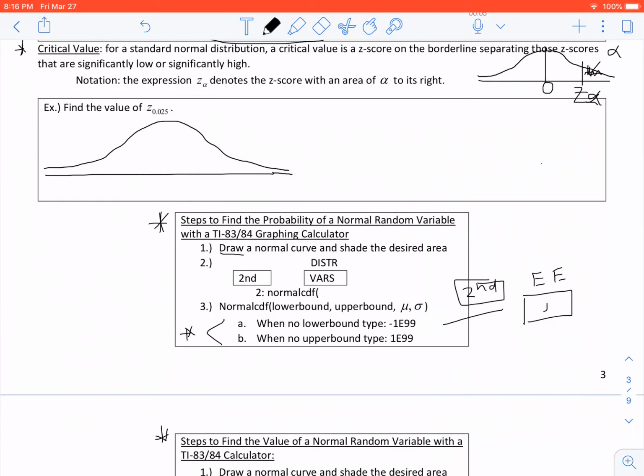So the first example that we have down here, you will see that it says find the value of z alpha, which is 0.025. And since it's a z here, we're going to put the mean of 0 in the middle on our standard normal curve. And our alpha value is equal to 0.025.